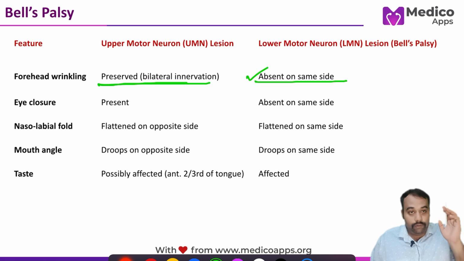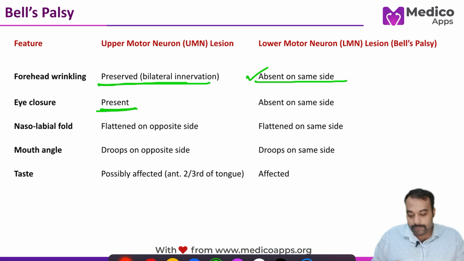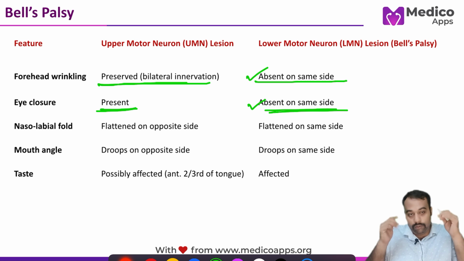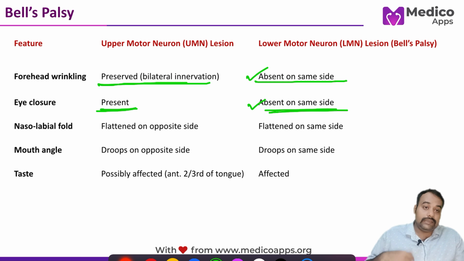The eye closure will remain present in case of upper motor neuron lesion, but that will be absent in case of lower motor neuron lesion on the same side. Also the nasolabial fold: it is flattened on the opposite side in upper motor neuron lesion, because the lower part of the face is under the control of the contralateral nucleus.